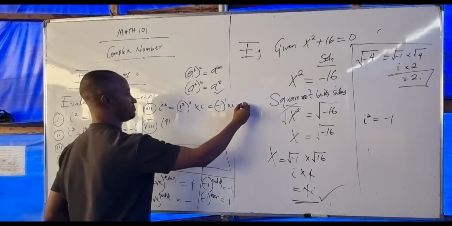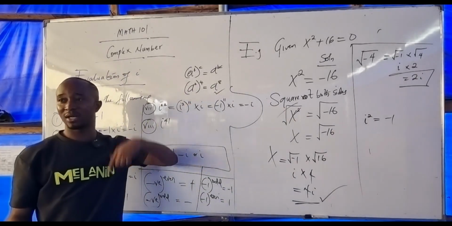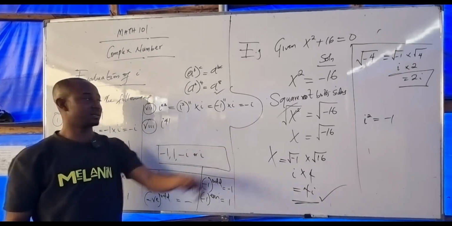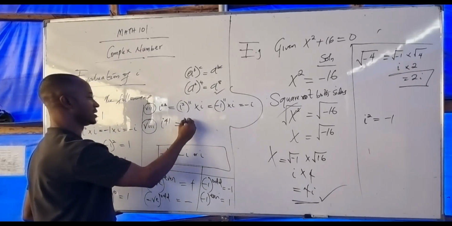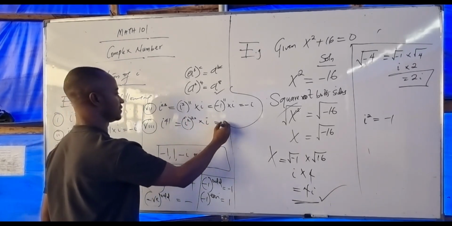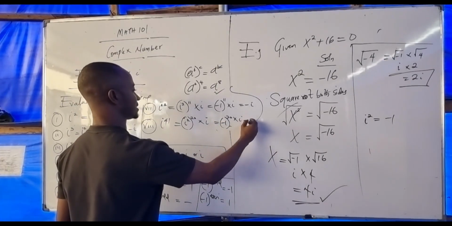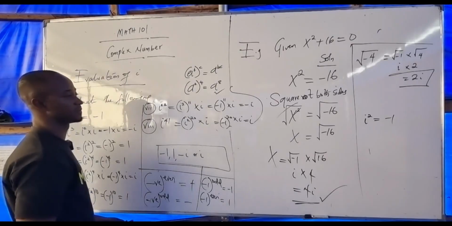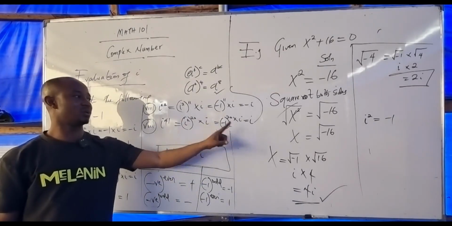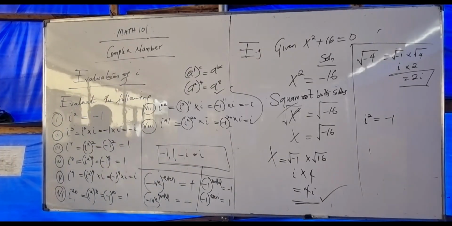This will give us minus i, right? Because minus 1 raised by 11 is minus 1. Then times i is what? Minus i. Good. What of 41? i squared raised by 20 times i. That will give us minus 1 raised by 20 times i. So the answer is what? It is i. Right? Minus 1 raised by 20 is 1. 1 times i is what? It is i. That's good.